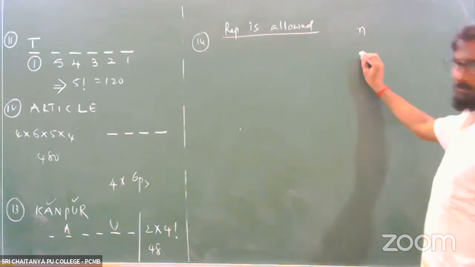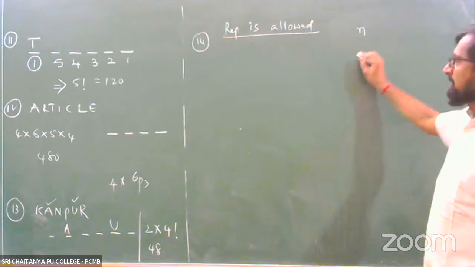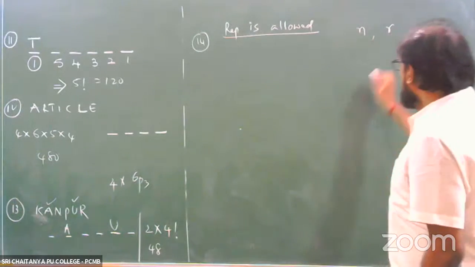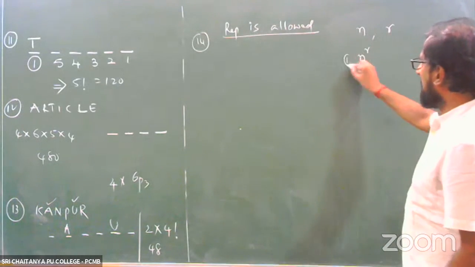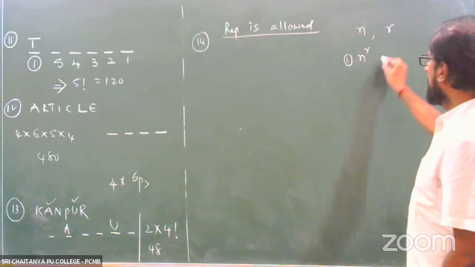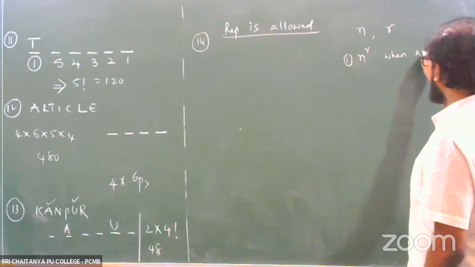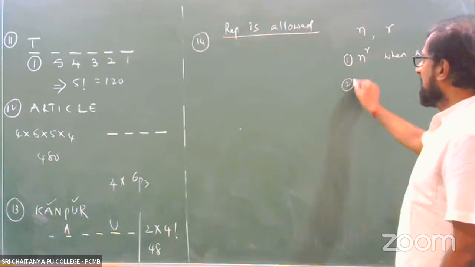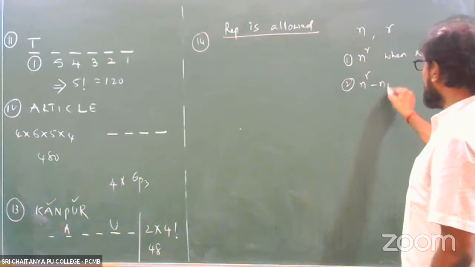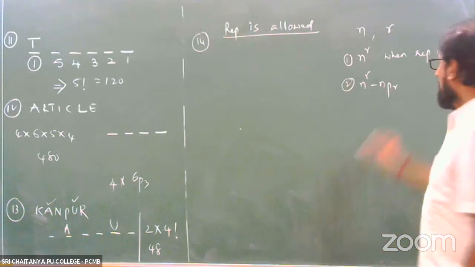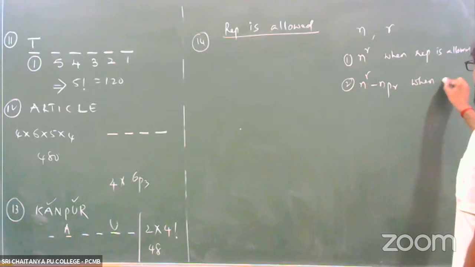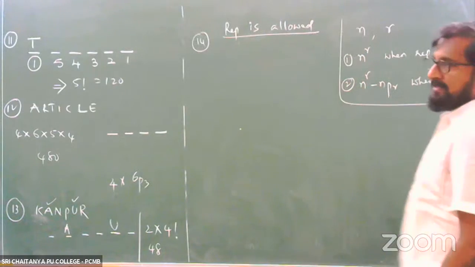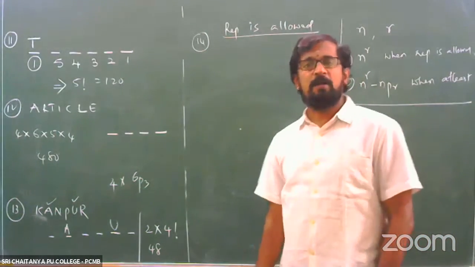Among n things, r things are taken and arranged in n to the power of r ways when repetition is allowed. And n to the power of r minus nPr ways when at least one is repeated.